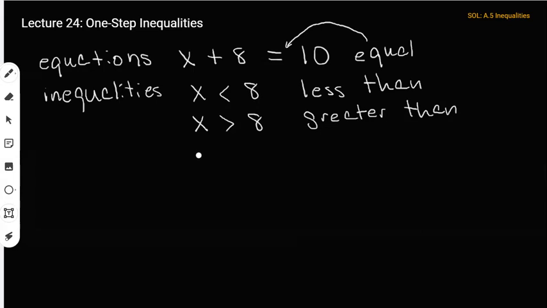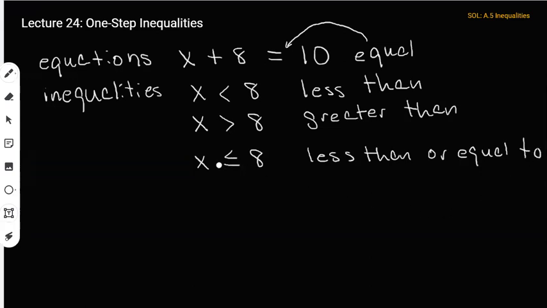And then we have two more that I want to look at. There is the less than or equal to. This one says that x could be less than 8, or it could actually be equal to 8.